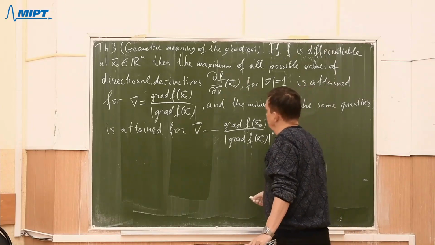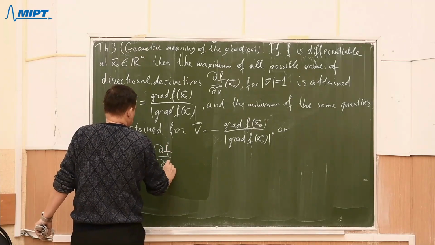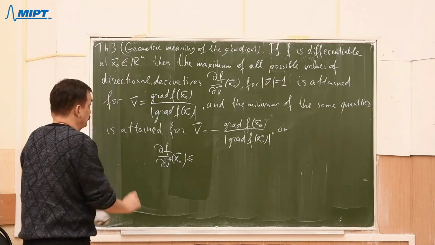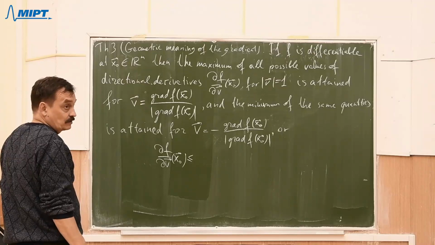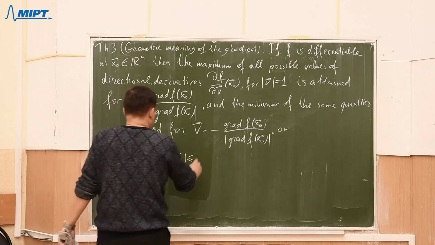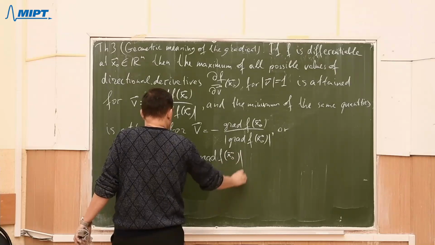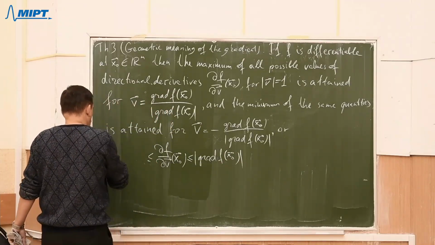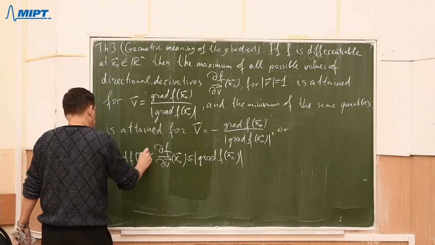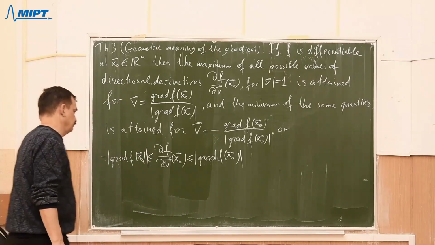Or I can write df over dv at x naught less or equal than the length of gradient, greater or equal minus the length of gradient. Okay.